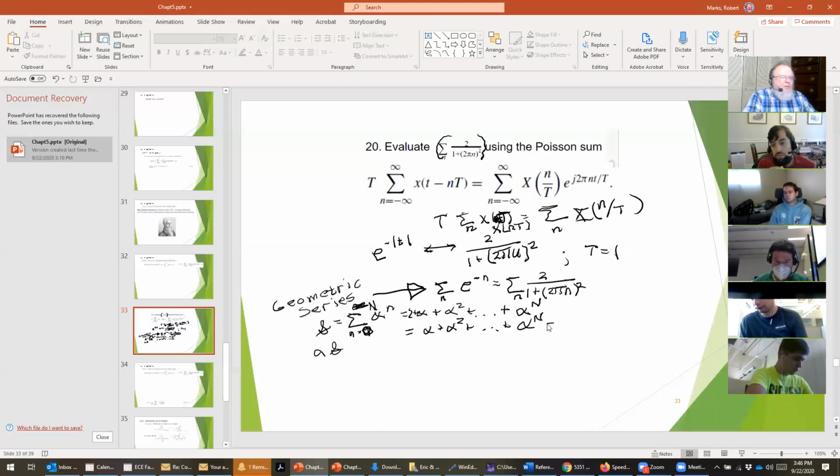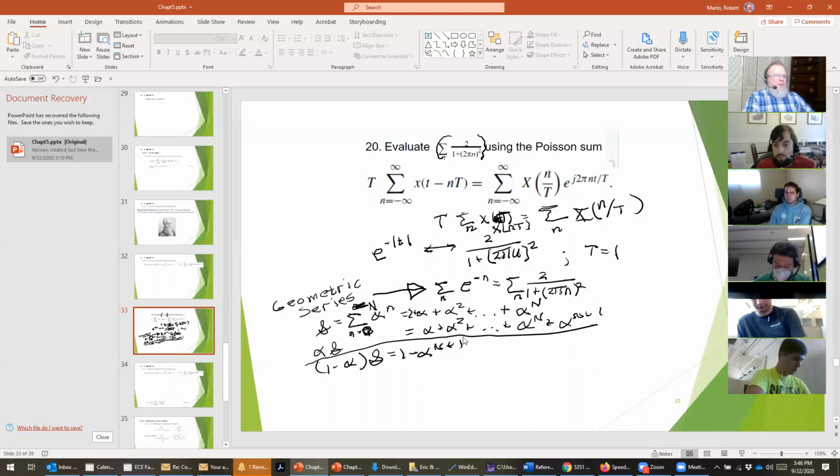Hopefully you guys should have seen this in DSP at least. And so if we subtract here from here, we get what? 1 minus alpha times the sum is equal to 1 minus alpha to the N plus 1. Right?